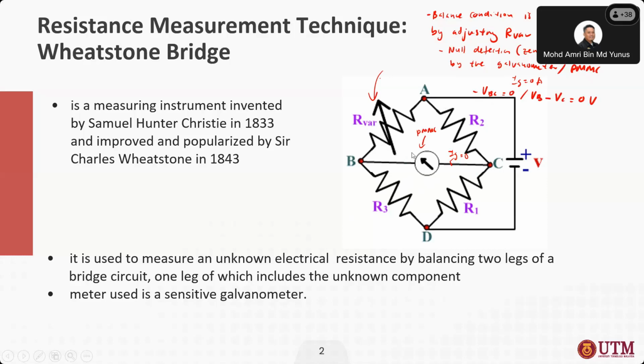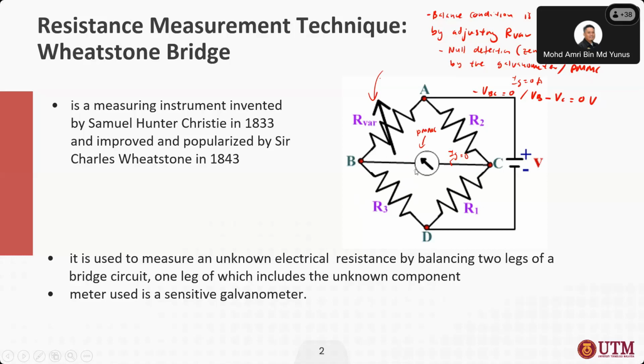So it is achieved again by adjusting the variable resistor. Sometimes the variable resistor can be on the other leg of the bridge. It can be here or it can be here.